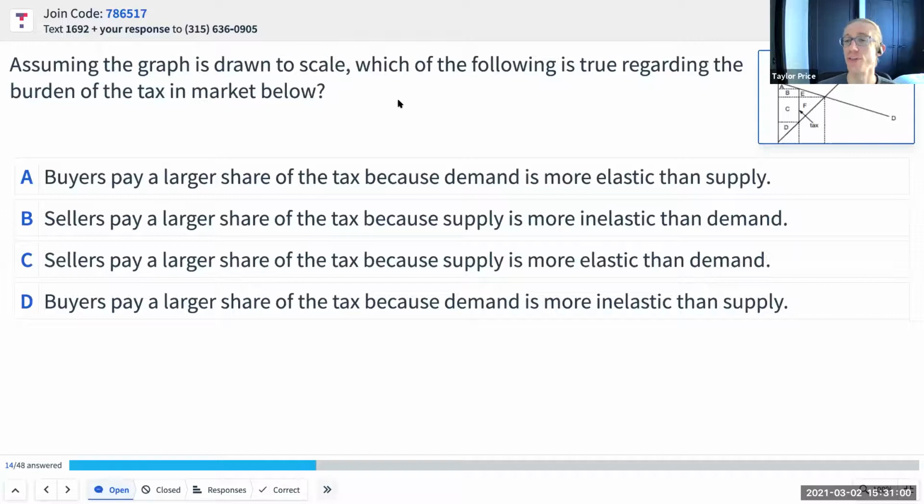A good hint on this question or other questions like it is to think about the surplus amounts, and what is happening to consumer and producer surplus after the tax is implemented.